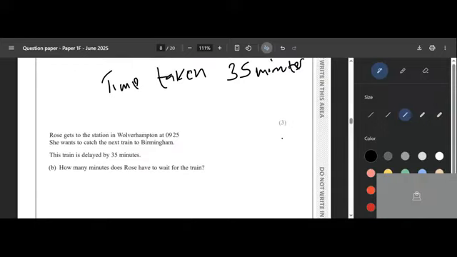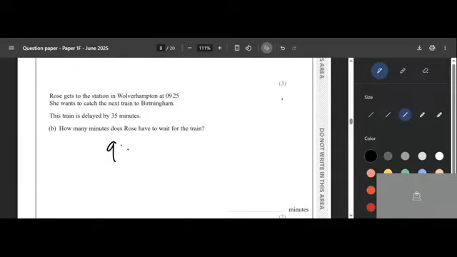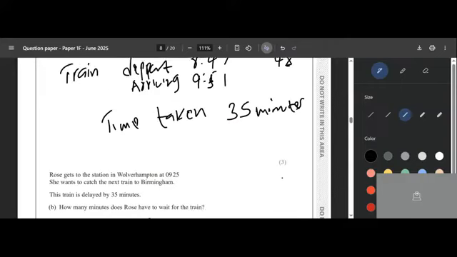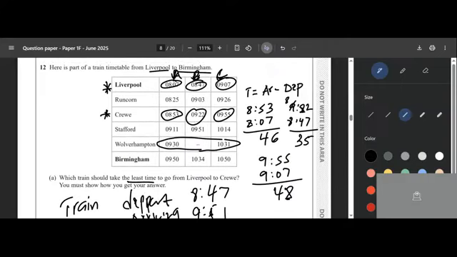So if you reach the station at 9:25 and your train has been delayed for 35 minutes, because you are waiting all this time, automatically maybe it is one of the people who are supposed to be boarding this train that is missing.